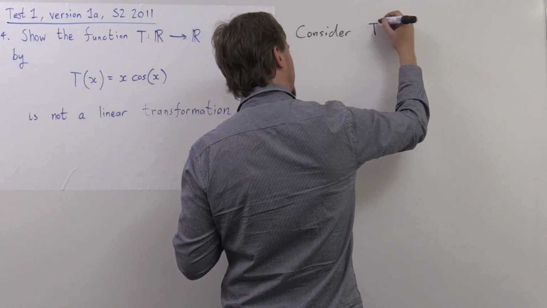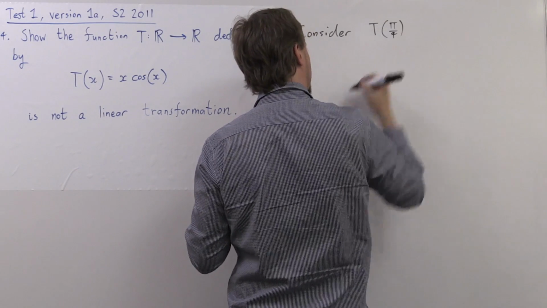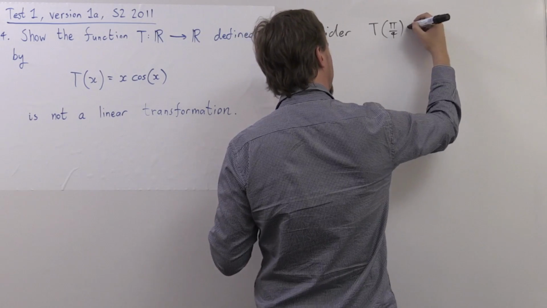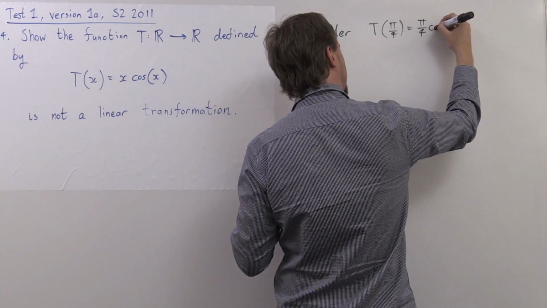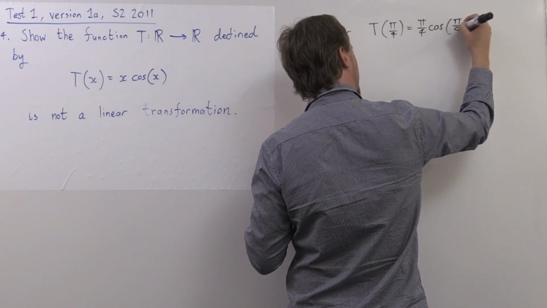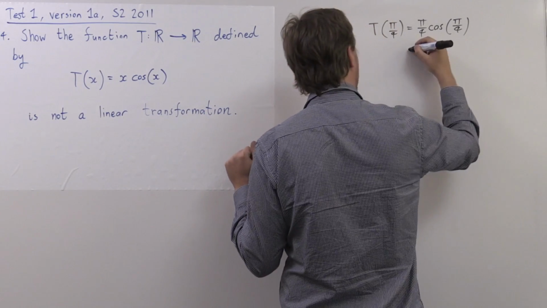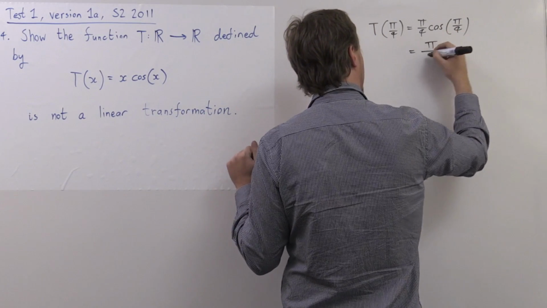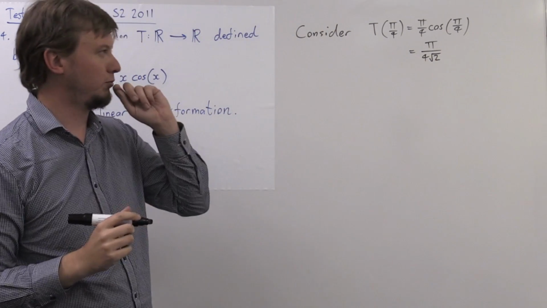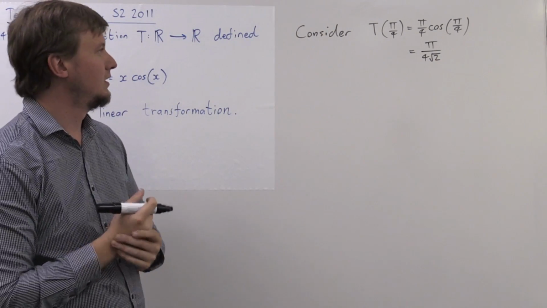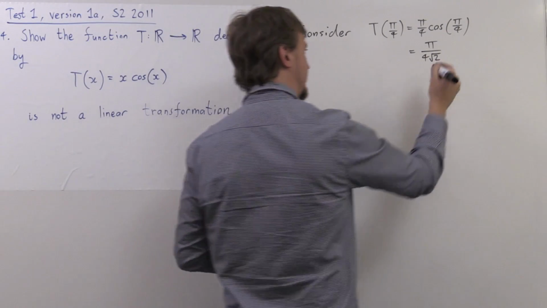Let's consider what happens when we plug in pi over 4 into this map. So T of pi over 4 is pi over 4 times the cosine of pi over 4. Cosine of 45 degrees is 1 on root 2. So this will spit out the number pi over 4 root 2. Okay, and actually that's the only value I really need to know.